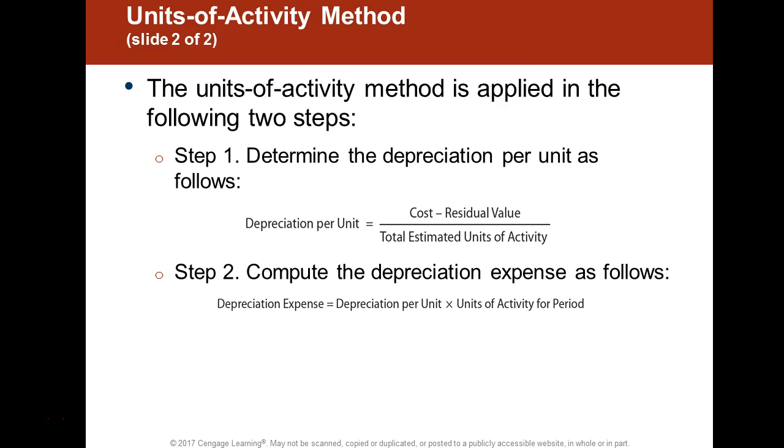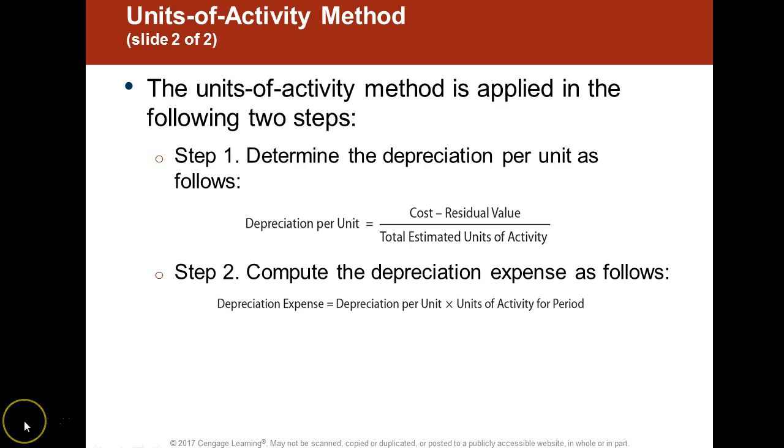So for example, let's do a calculation real quick, just to get an idea. If we have an asset that costs $10,000 and we have $1,000 of that asset as a residual value, that's our numerator. Then we say, okay, this asset is going to produce 100,000 units over its life. Now, let's think about it.